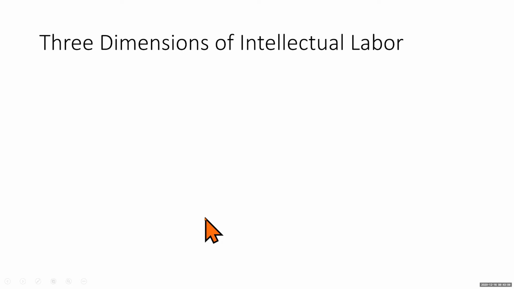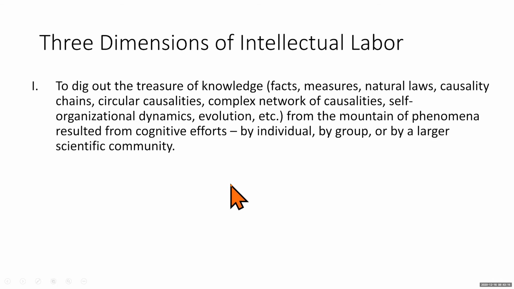So for us, the intellectual laborers or miners, we have actually 3 dimensions to work on. The first one, which everybody is so familiar with, is to dig out the treasure of knowledge: to find facts, measures, natural laws, causality chains, circular causalities, complex networks of causalities, self-organization.